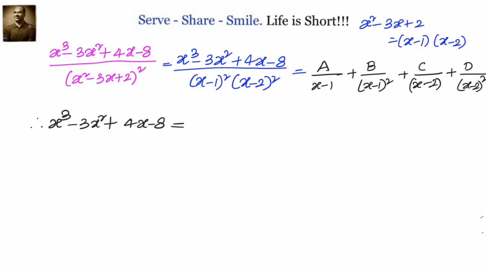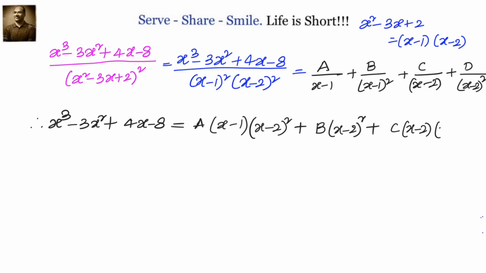Left hand side will be as it is, right hand side will be a into x minus 1 into (x minus 2) whole square plus b into (x minus 2) whole square plus c into (x minus 2) into (x minus 1) whole square plus d into (x minus 1) whole square.